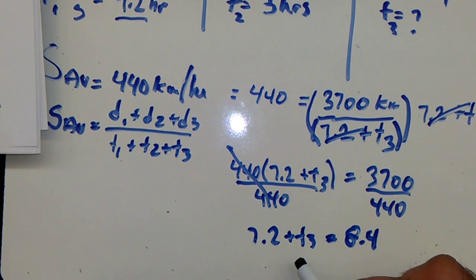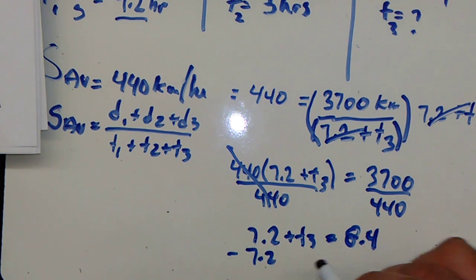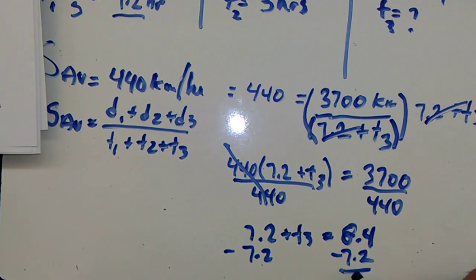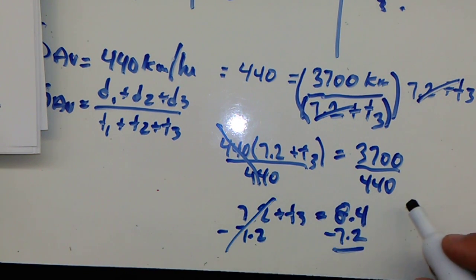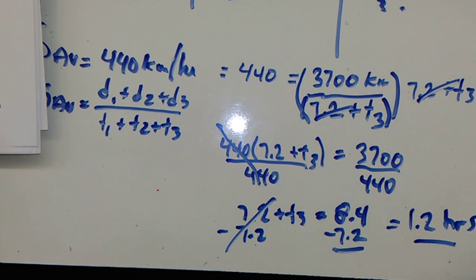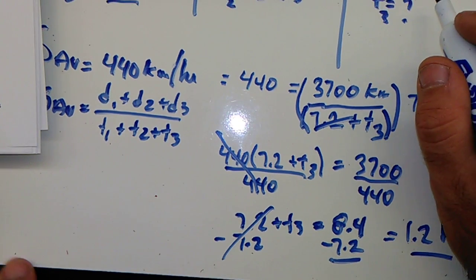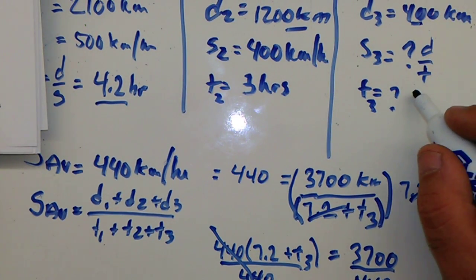Bring the 7.2 over, and I'm going to clean this up for you guys. 8.4 minus 7.2 equals 1.2 hours. That's the time of the third one. So if I go back up here, it's 1.2 hours.